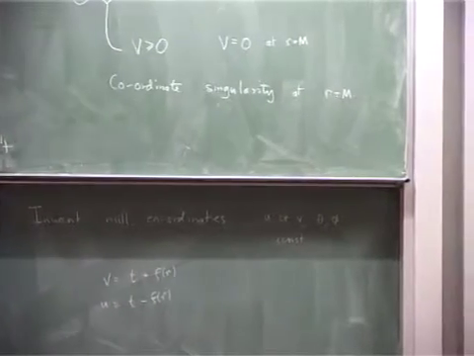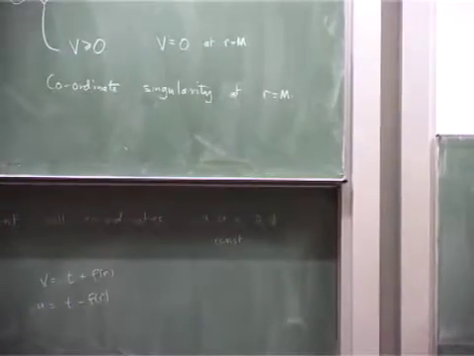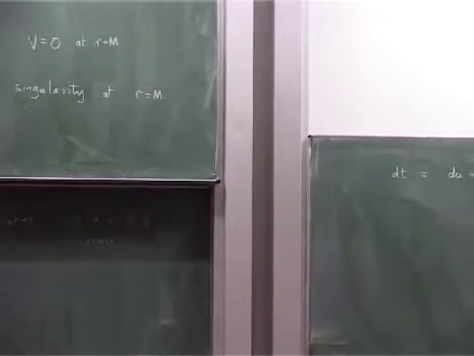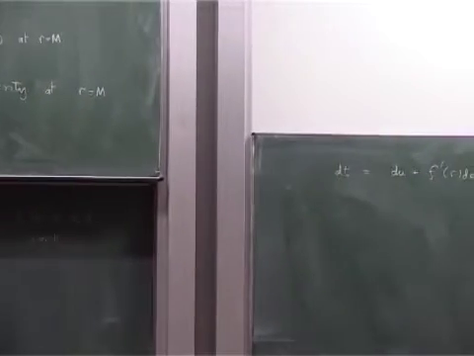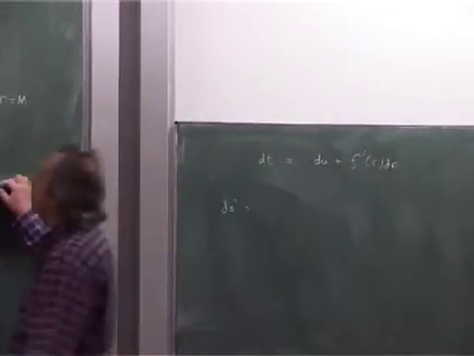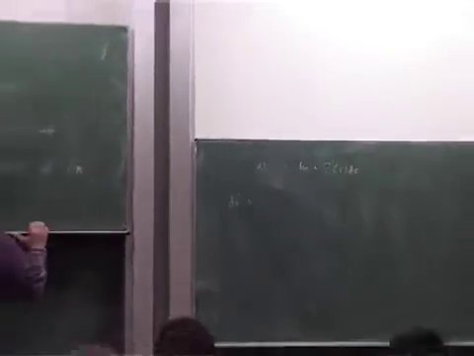So every time you see dt, you can write du plus f prime of r dr. And if you substitute that into the metric, you will get ds squared. Let's call this function v of r for the time being.